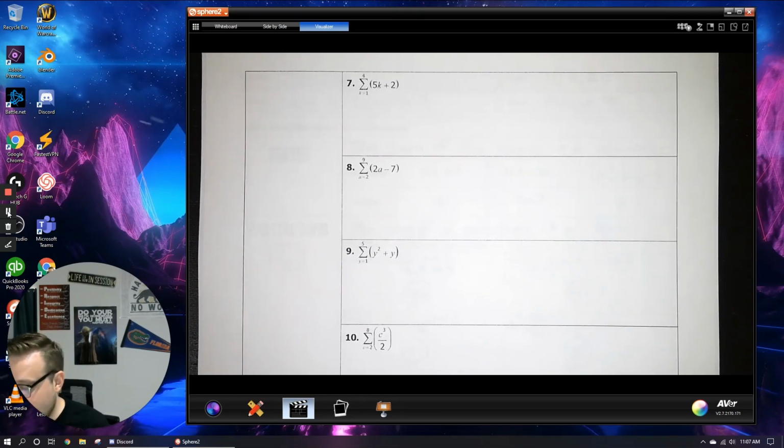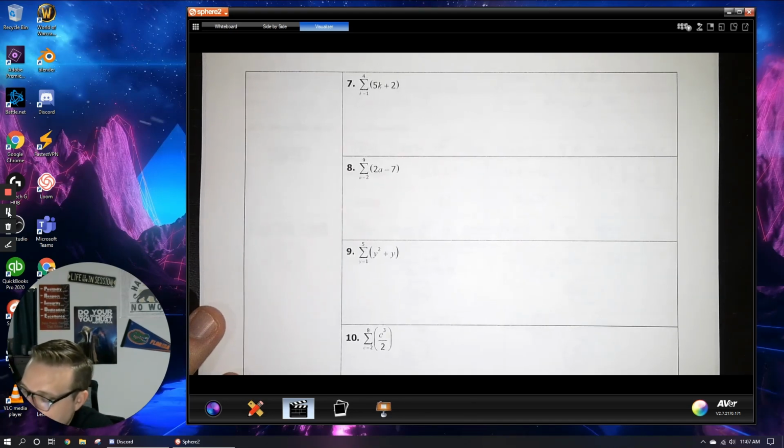The rest of it is just plugging in. And at that point, it's basic algebra, and that's not new information. So if you're doing these and you're not getting the right answer, it could just be a calculation problem or an algebra error. It's not that you don't understand what a series is, because I think you pretty much can get it.